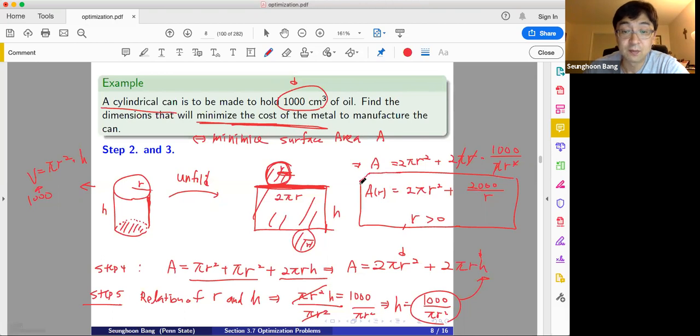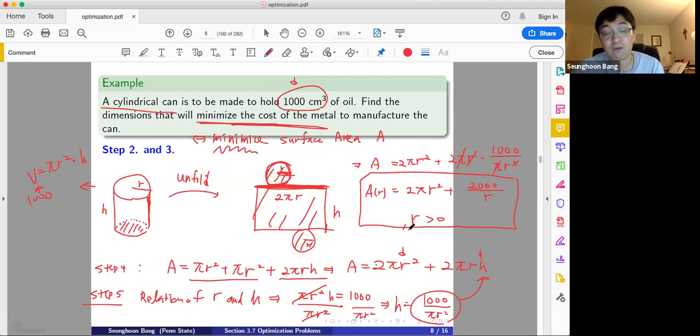So what's the next step? You have to minimize. So what does it mean? Find the absolute minimum of A of R. R is not in a closed interval. The domain is not a closed interval, so we cannot use the closed interval method. We have to use the first derivative test or second derivative test.